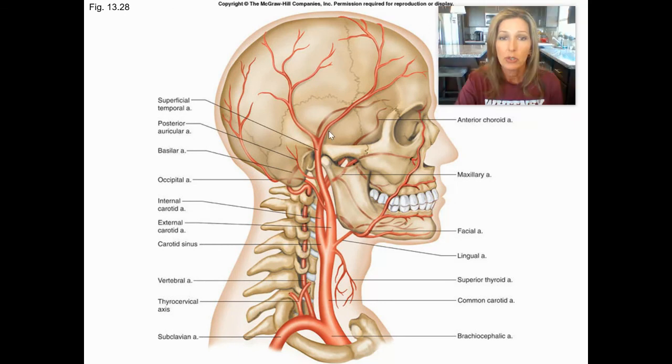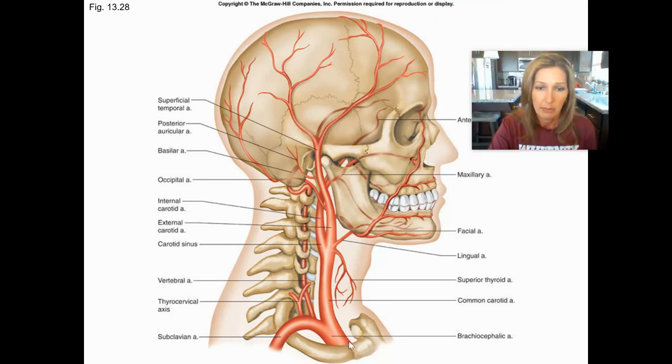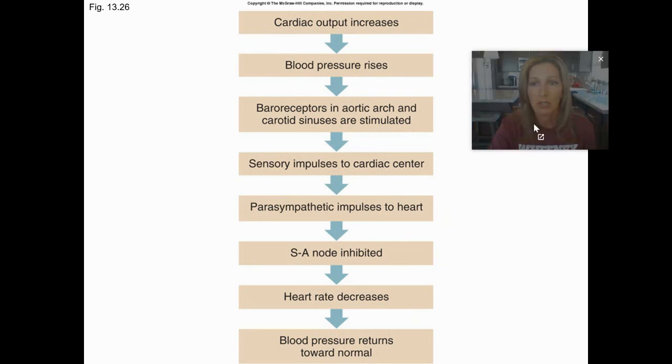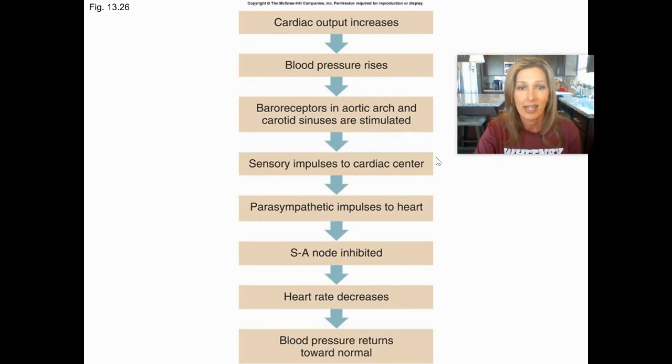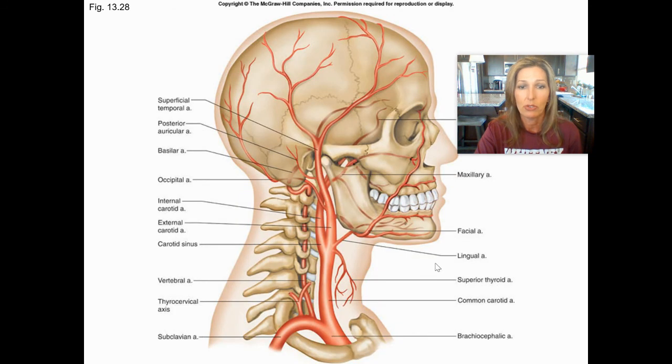Some of the things you should know, again with the baroreceptor reflex and high blood pressure: nicotine. Nicotine is a stimulant, and as a stimulant it stimulates smooth muscle to contract these blood vessels, and it elevates your blood pressure. If you or somebody in your family has high blood pressure, one of the things they need to do is stop smoking, if they do.